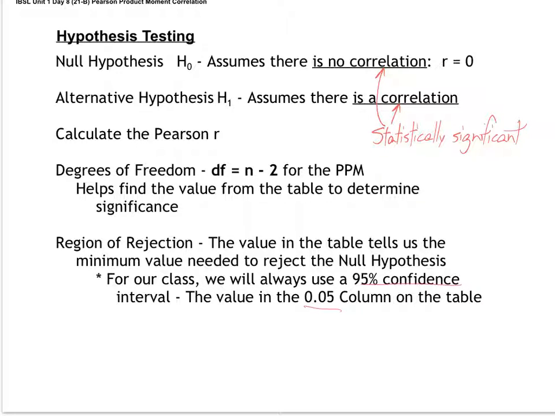That means we are 95% confident that if we find a correlation, it's not the result of just some goofy data or just the result of chance. Okay? If we find a correlation, we're 95% certain that there actually is a relationship going on here. Okay? So that's what we mean by statistically significant.